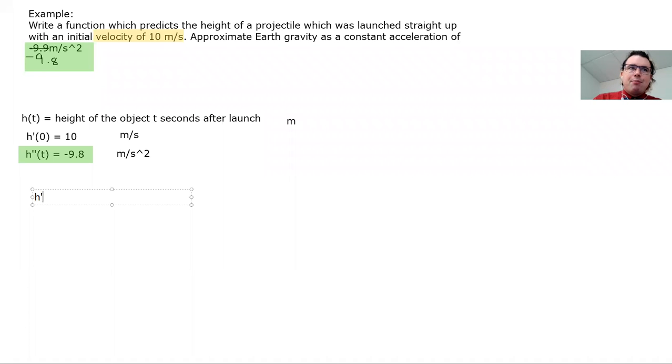So my h prime of t has to follow a specific formula: it has to be negative 9.8t plus some constant. And for right now, I don't know what this constant is, but I can find out.